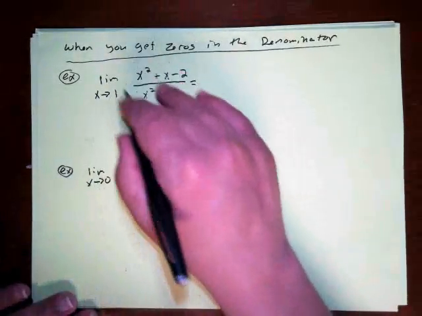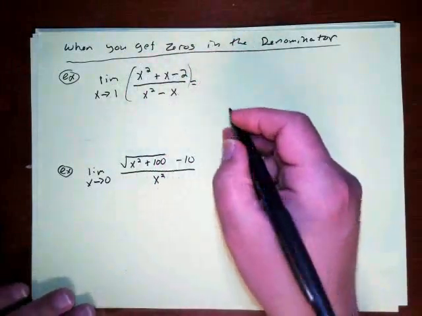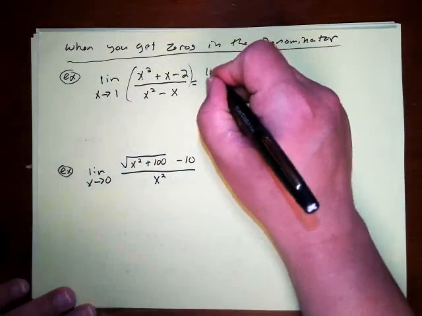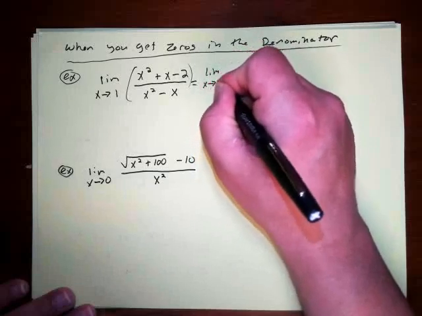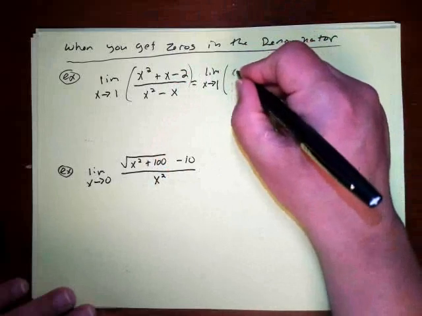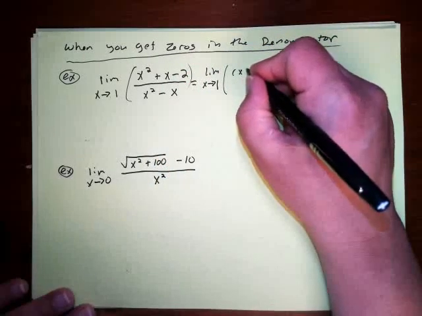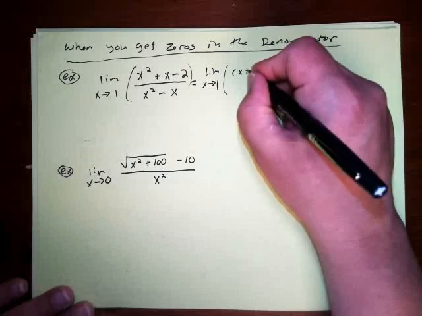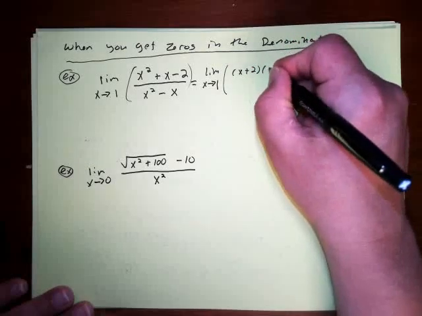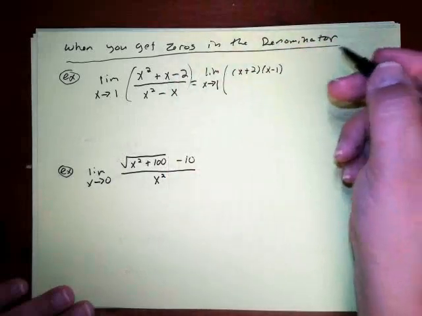So, but what I can do is I can simplify this, and if that helps, then I can keep using the rules, okay? So this would be the limit as x approaches 1, and I'm going to factor that top, and it looks like I get x plus 2, and then x minus 1. And so if I FOIL that together, I get this.